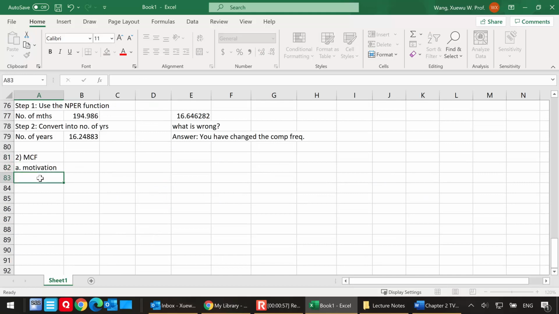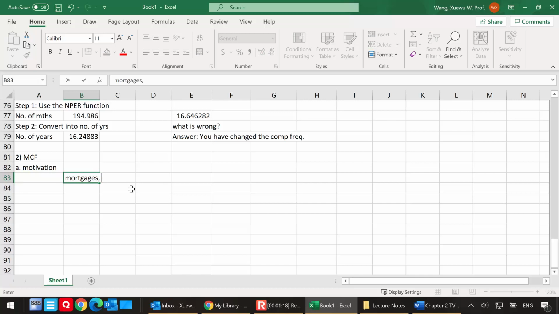Why do we need to discuss multiple cash flows? The simple reason is that in many cases, we're dealing with multiple cash flows. For example, our mortgages. Later we're going to discuss mortgages in great detail.